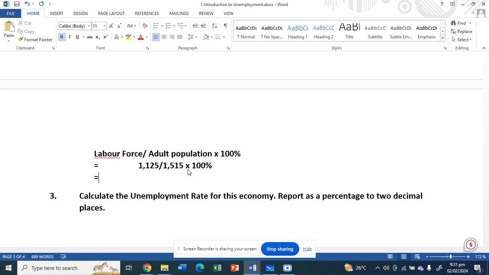So we're going to say 1,125 divided by 1,515, that is 0.74 times 100, that's 74.2%. So out of the adult population, 74.2% are employed and some are not employed but they are looking for a job, right?